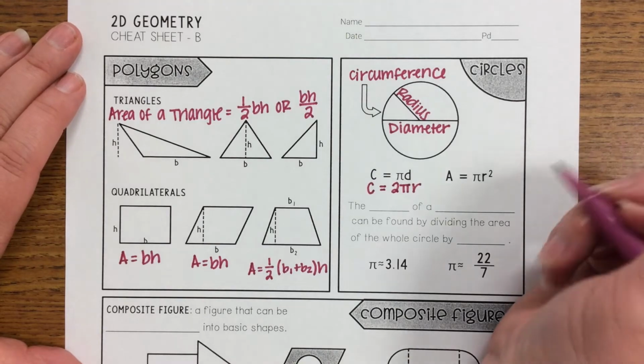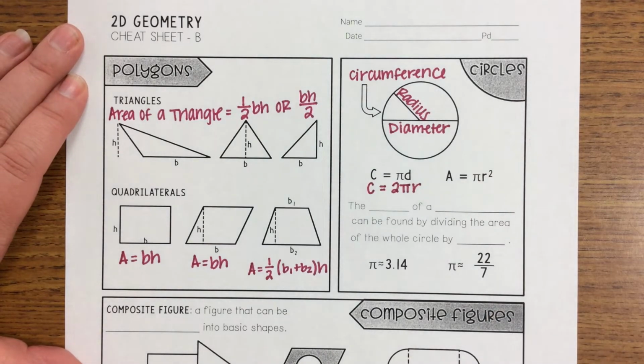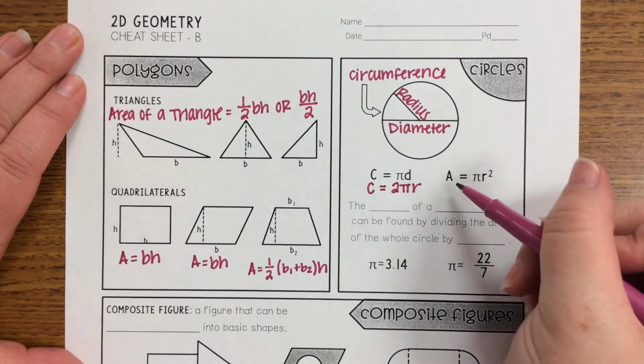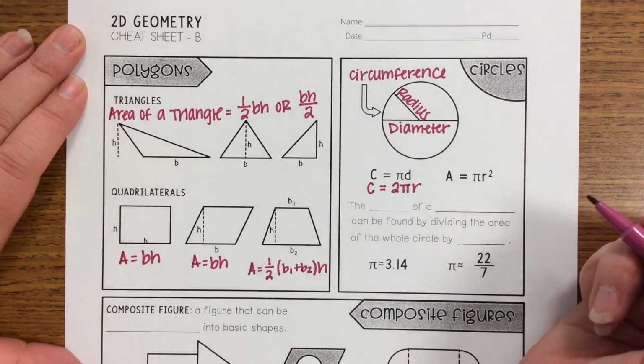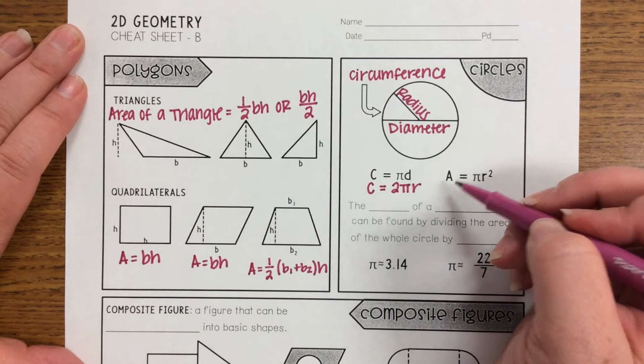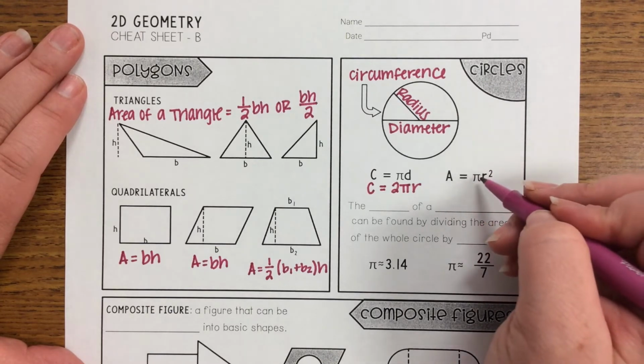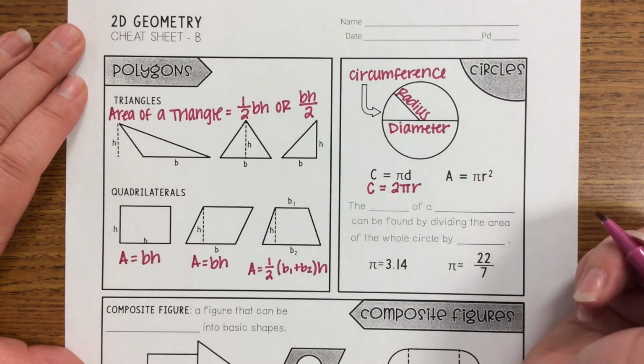Now, if we're asked to calculate the area of a circle, the formula for calculating area of a circle is A equals pi r squared, or in other words, the area is equal to pi times the radius squared.